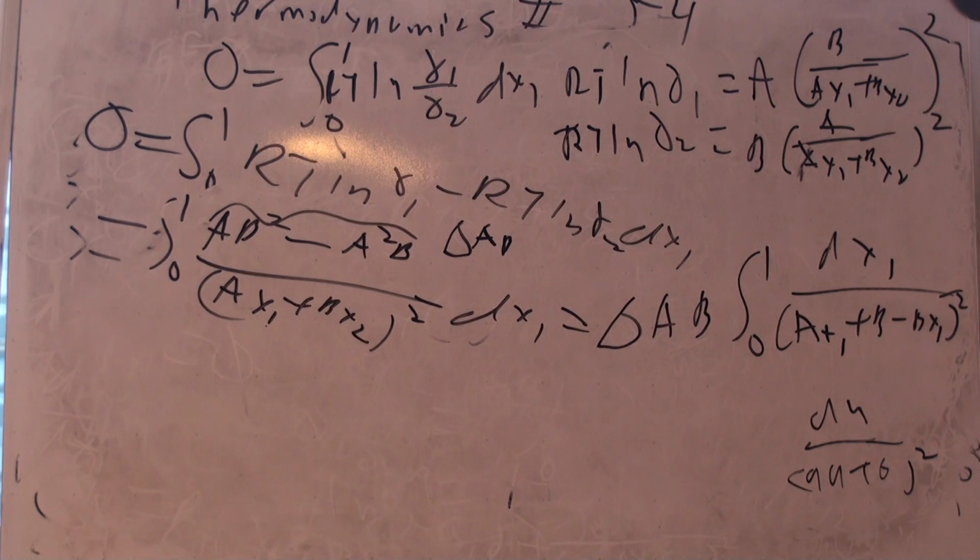Let's see here. I want to integrate (ax plus b) to the -2.